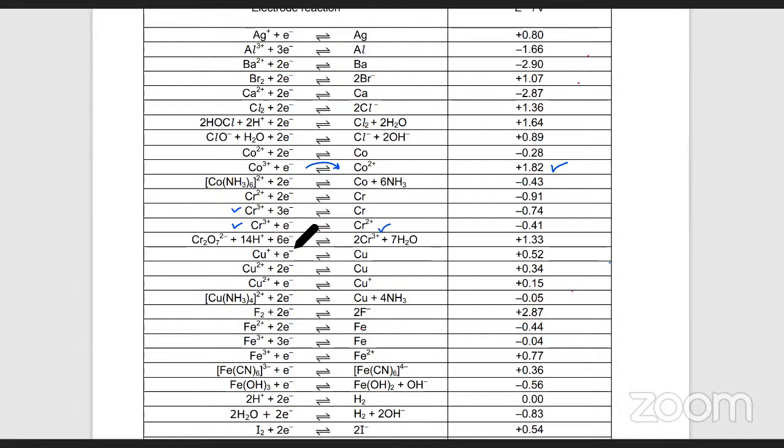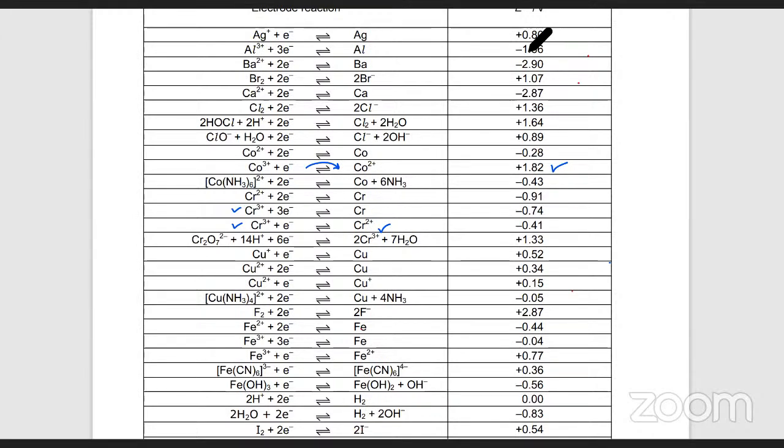If I choose the third equation, then it's not chromium that's gaining electrons, it's Cr2O7 that's gaining electrons, okay? So I won't be able to actually use that equation, because we had to look at the reaction of chromium 3 plus, so we won't be able to do that.